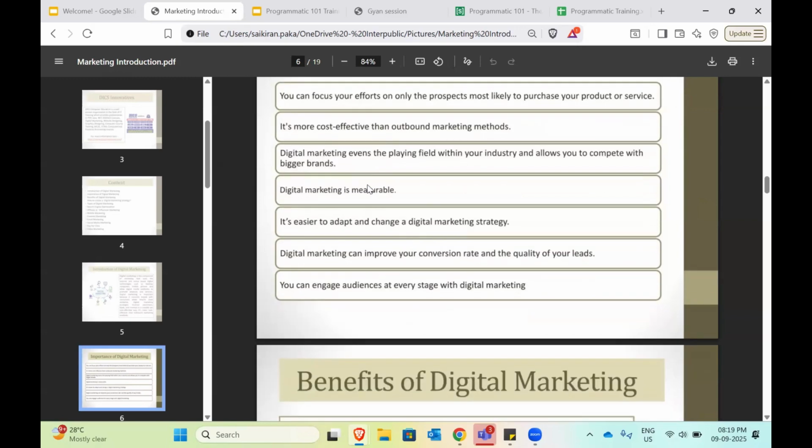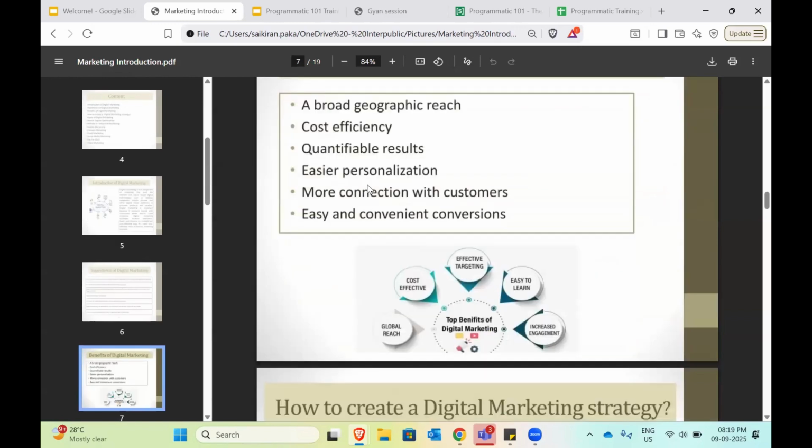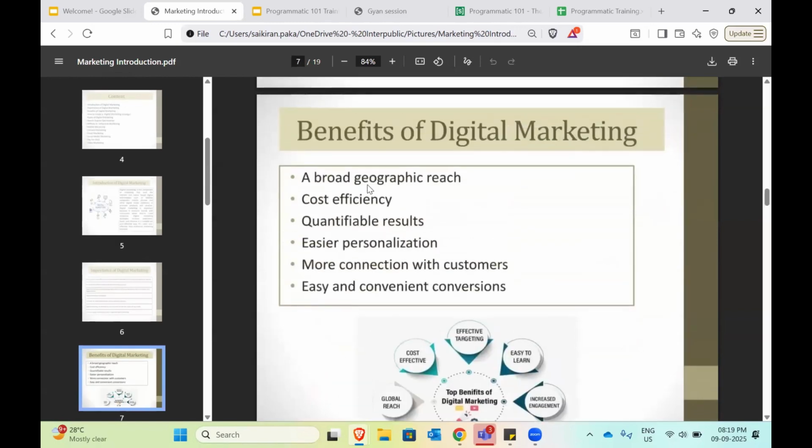So it's about engaging with the audiences via the online medium, which sums up digital marketing. Since it's global, we can reach out to anybody across the globe, and based on the formats we are serving, we pay for the impressions that are being served. We also get quantifiable results, and we personalize with local elements.